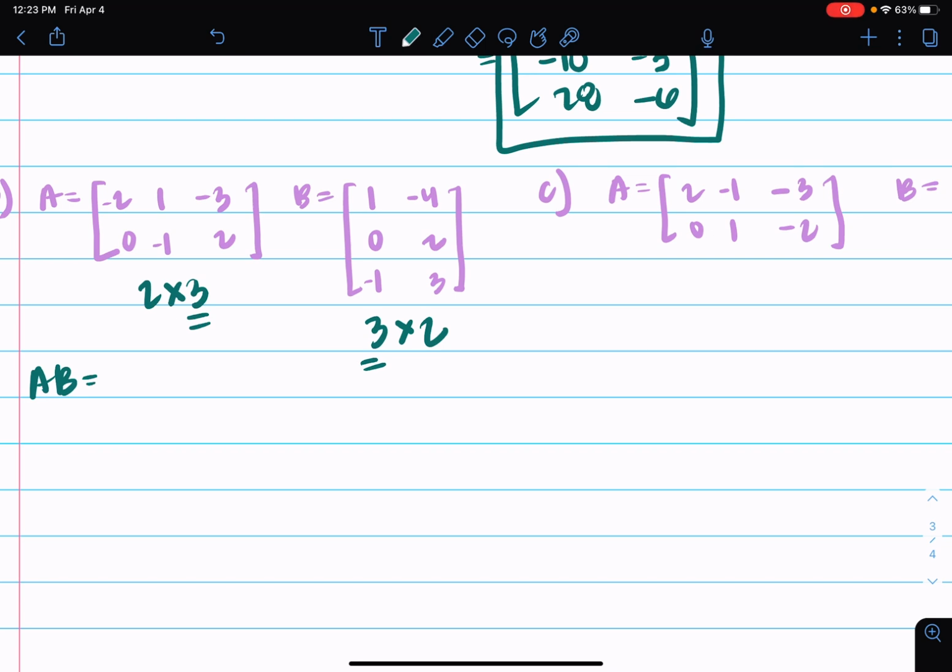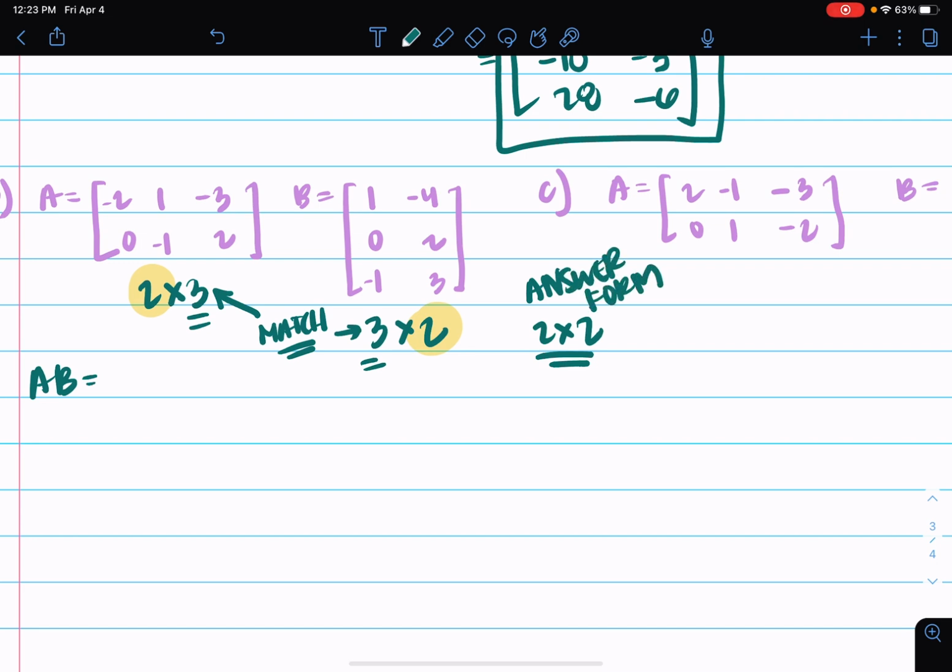On the last one this wasn't evident because they were the same order, but because these are slightly different, remember how we're trying to get these two to match to see if we can multiply? These outside numbers, that's a 2 by 2. That's going to be our answer. Our answer is going to be a 2 by 2. So it's telling us how to write it.